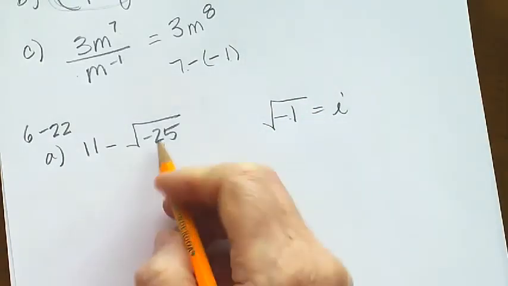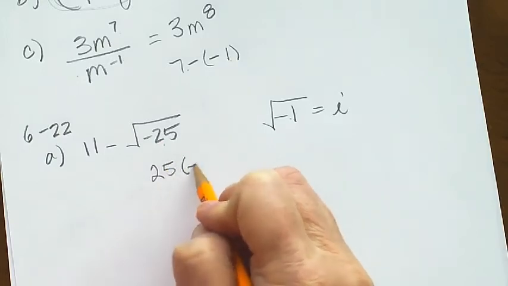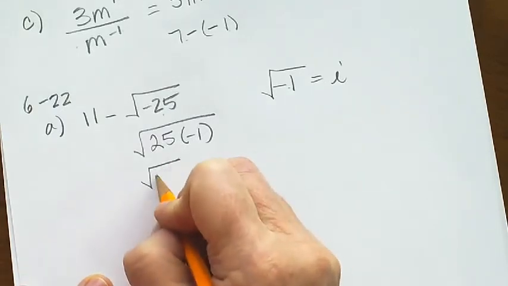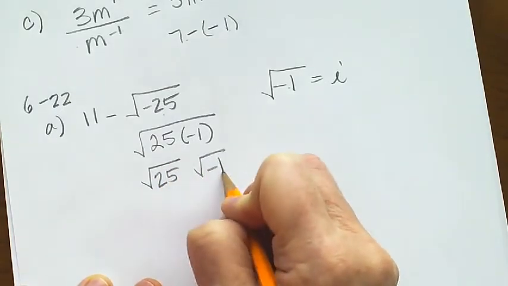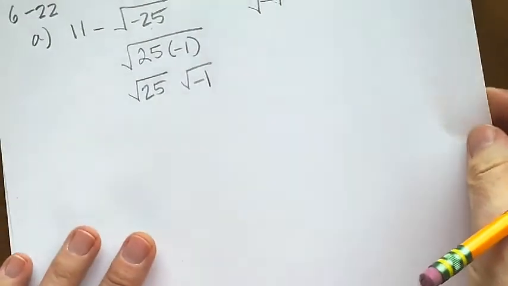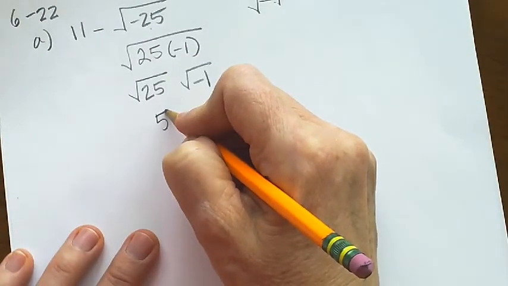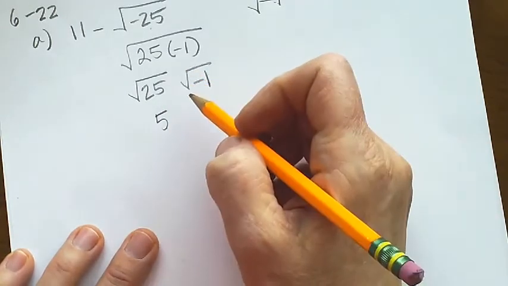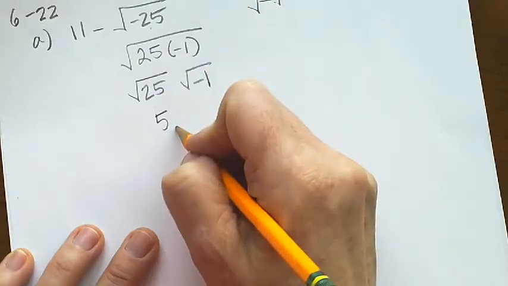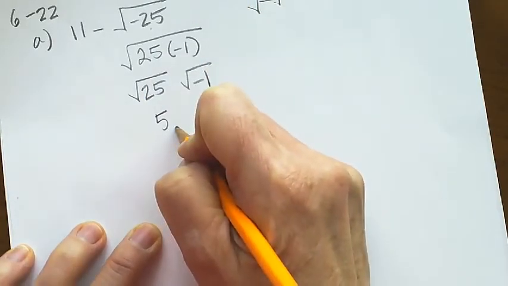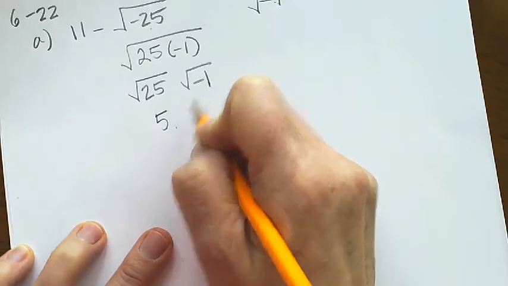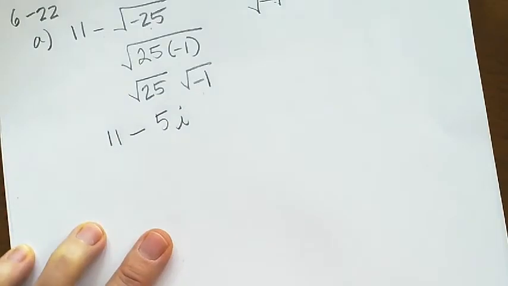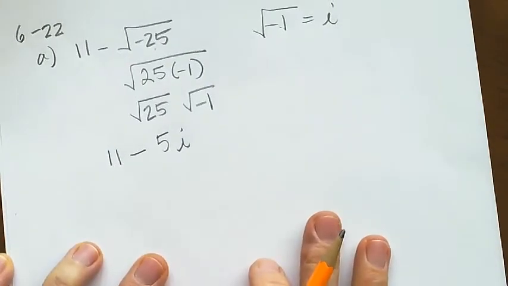So this is really the square root of 25 times negative 1, and that can be broken down into the square root of 25 times the square root of negative 1, which would give me 5, really plus or minus 5, but I think we are dealing with just the positive root, and then the square root of negative 1 is i. So we get 11 minus 5i, and that's a complex number. You would just leave it like that.